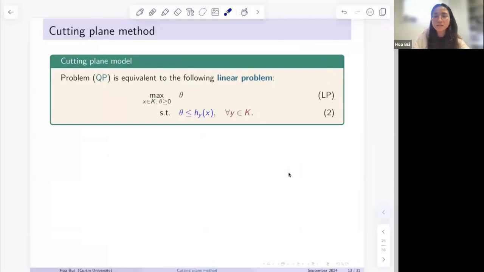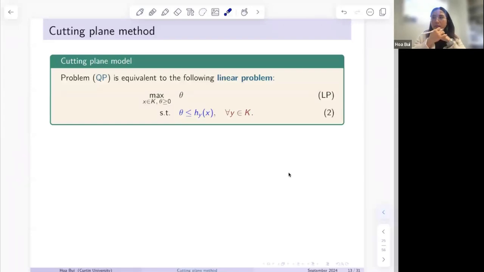Similar to the first approach, the problem QP has an equivalent LP form, which has just one more auxiliary variable, but a lot more constraints. Now, instead of growing the number of decision variables, we grow the number of constraints.